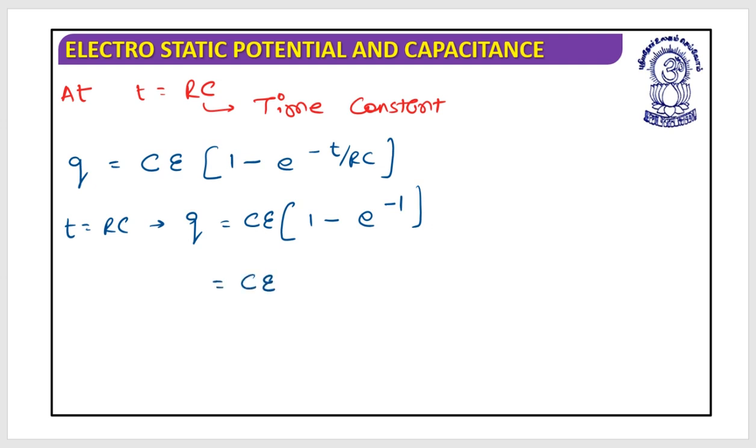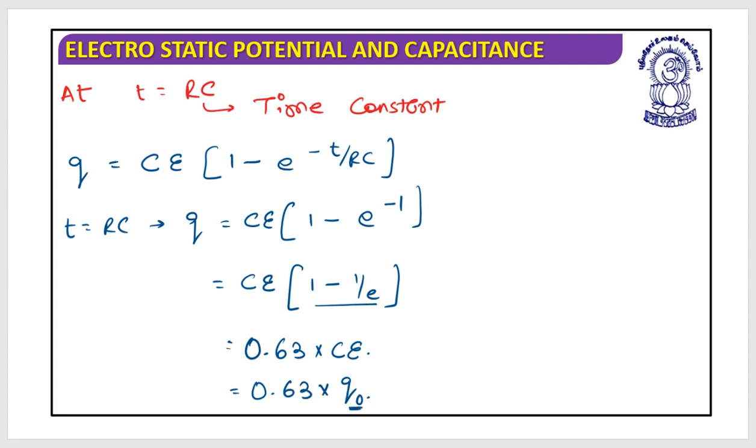So this will be CE(1 - 1/e). And 1 - 1/e becomes 0.63. It is 0.63 of CE. If you wish, you can write it as 0.63 of q naught, where q naught = CE. So this would be the situation. I hope these things are clear to you. Is it clear?